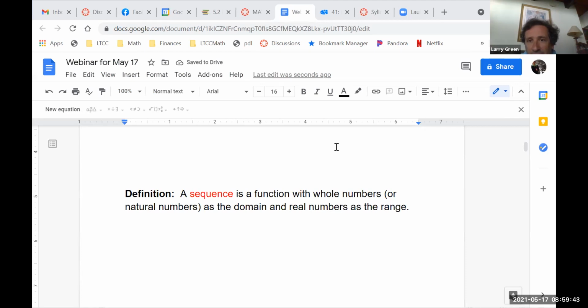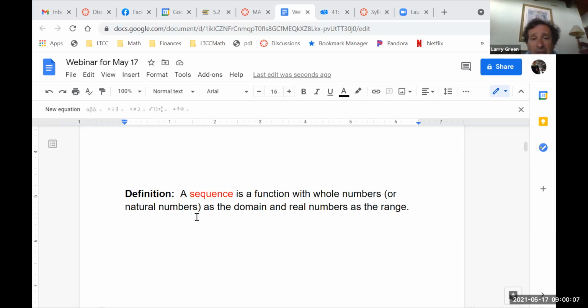A sequence is a function with whole numbers or natural numbers, actually. That really depends on what field you're in, whether you want to use whole numbers or natural numbers typically as your domain. Okay, as a domain, and real numbers as a range.